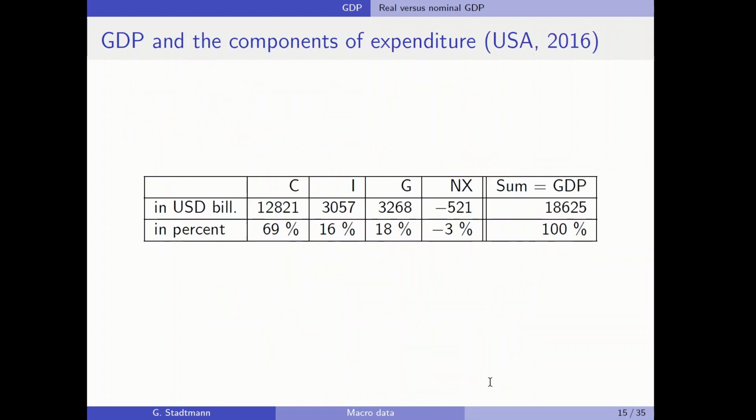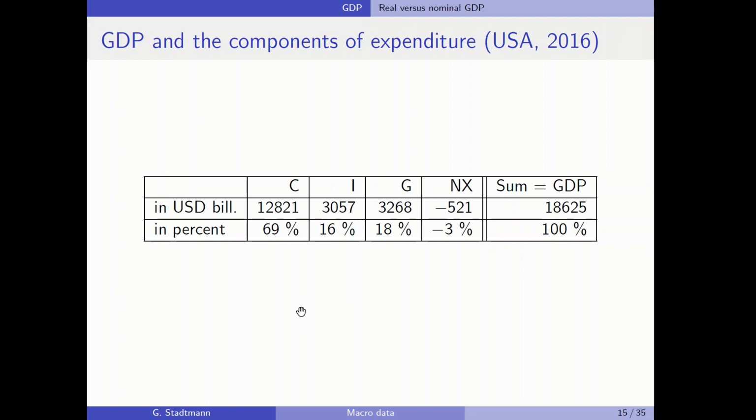Let's have a look into the real world, how GDP looks in the US in the year 2016. You have here the different components of GDP, and it seems that here we are using approach number 4. Approach number 4 is the composition approach, where we look at the different demand components of GDP.